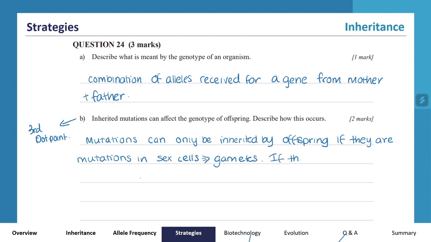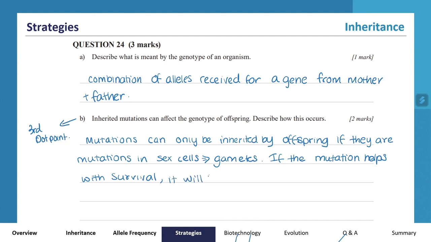If the mutation helps with the survival of the organism or is not a diseased mutation with survival, it will be passed on to the offspring.